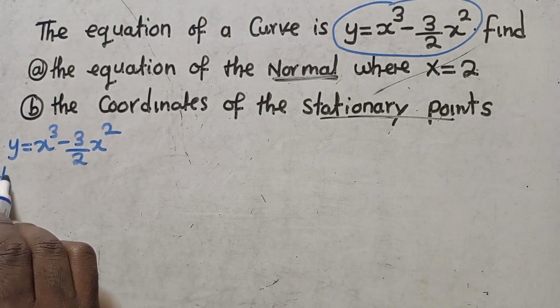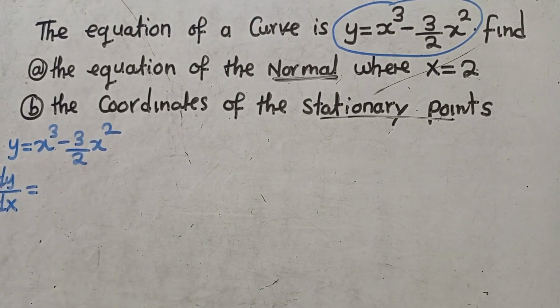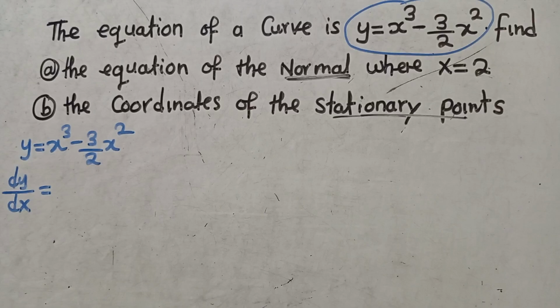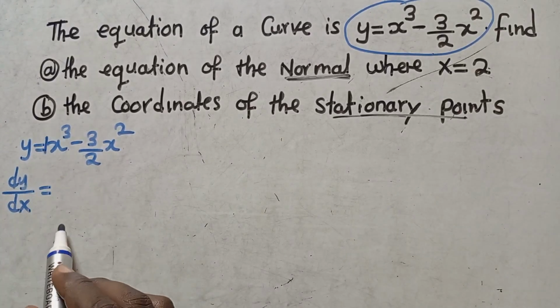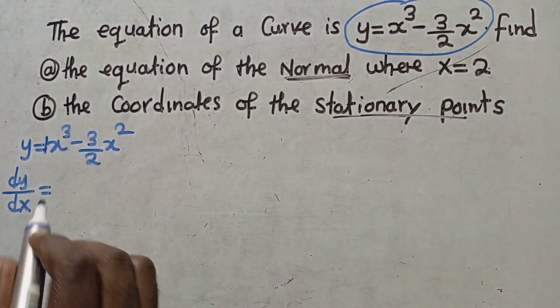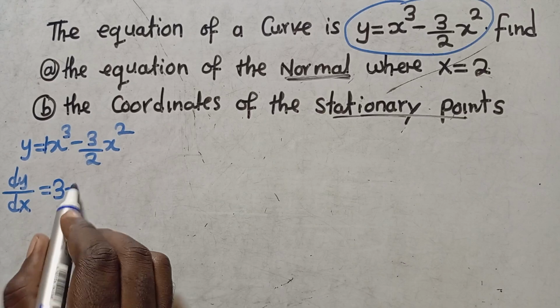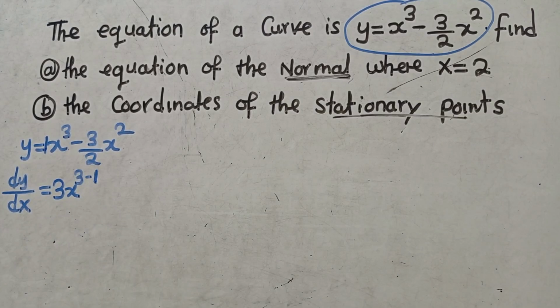We say dy dx is equal to, this is the coefficient, there is 1. So we multiply, we say 3 times 1, that is 3, x maintains. From the 3, we subtract 1.